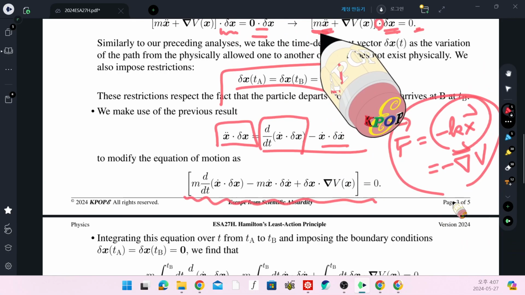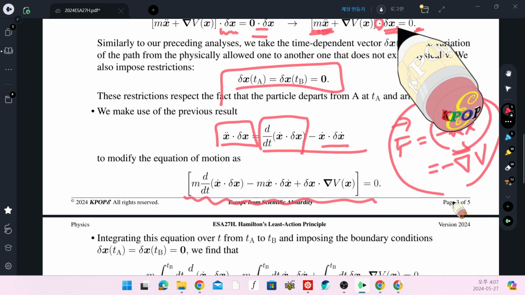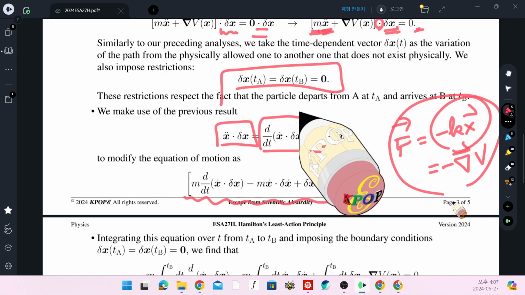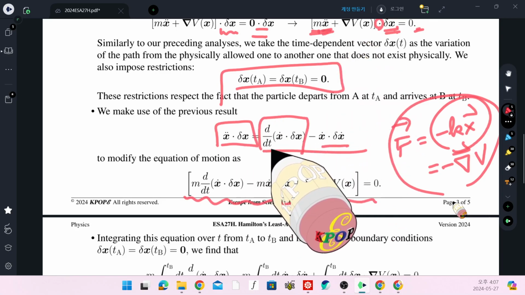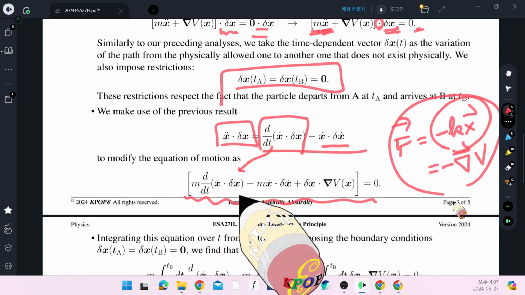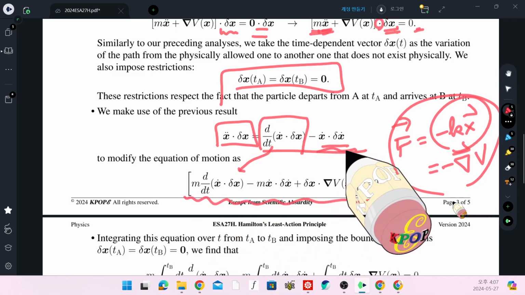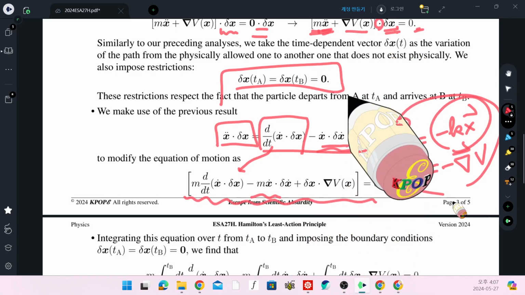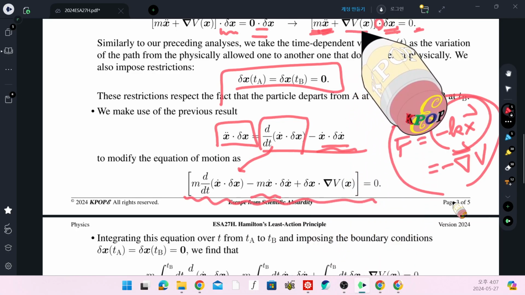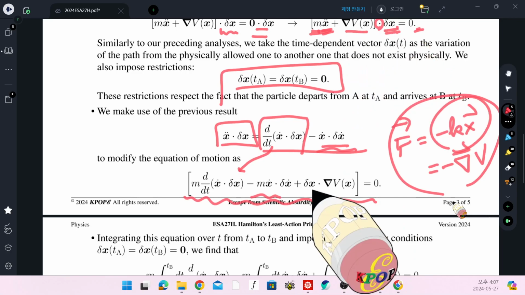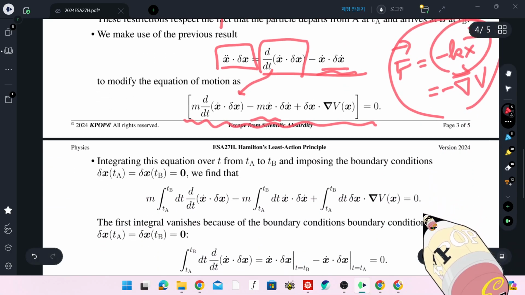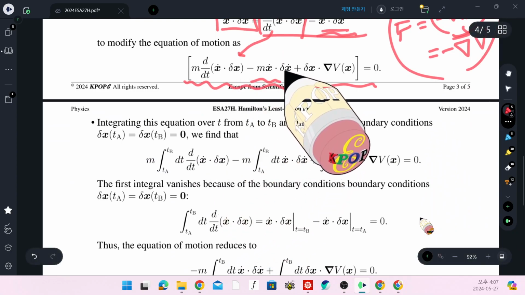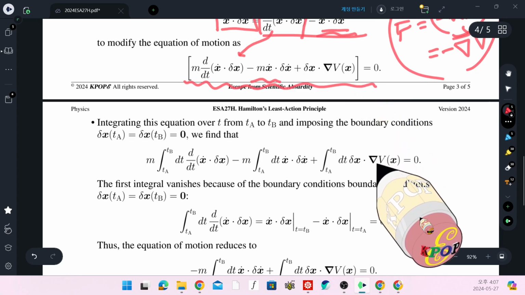This one. This term is replaced with this. So multiplying this by mass, we find this contribution and this contribution. And then the last term, plus gradient of potential energy, scalar product, delta x. That's fine.